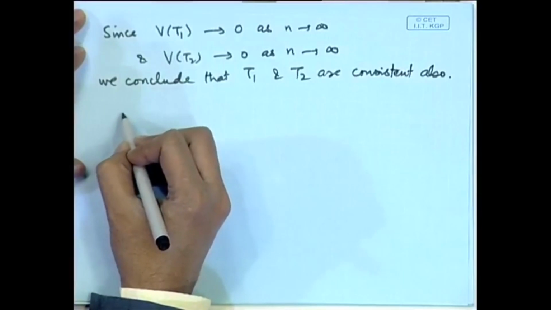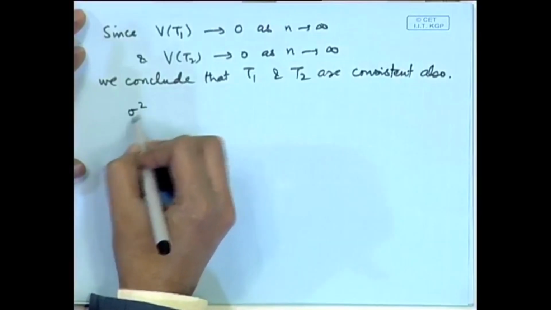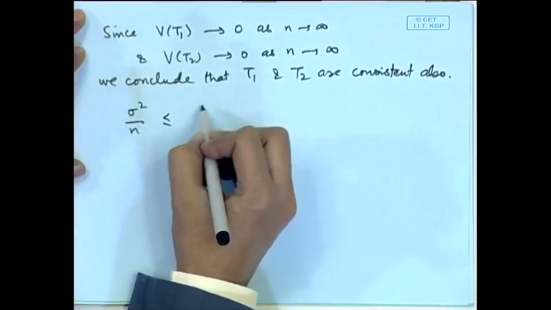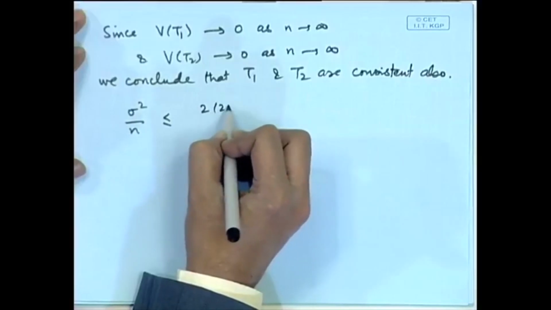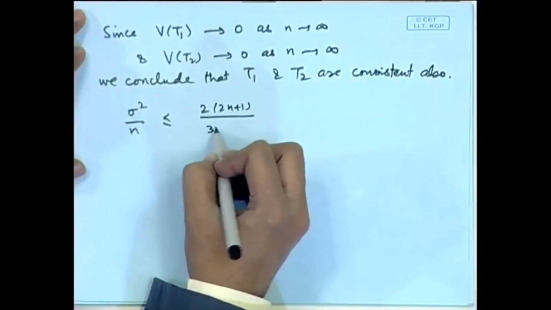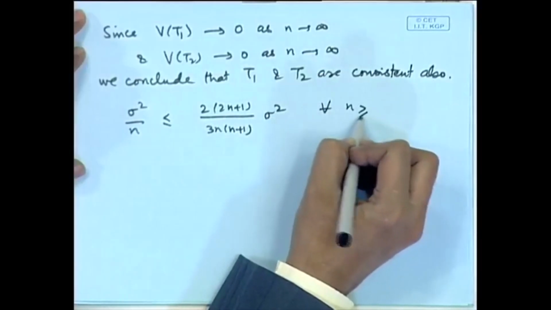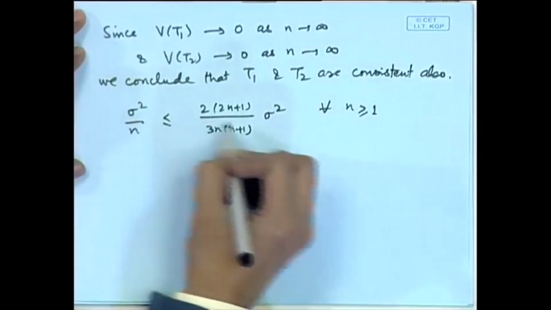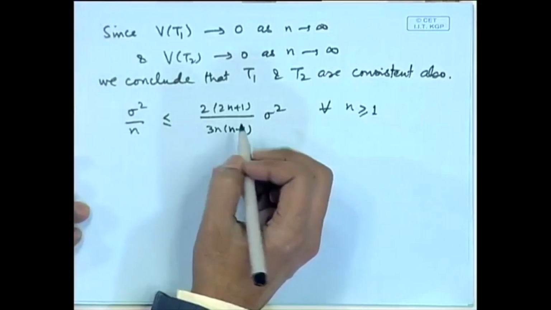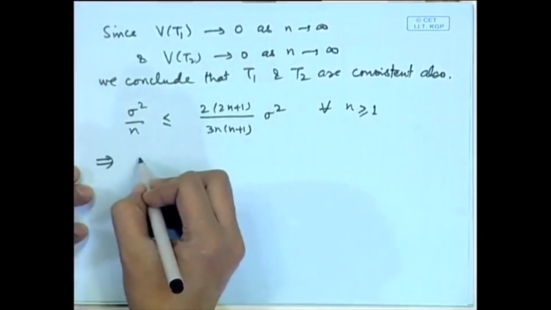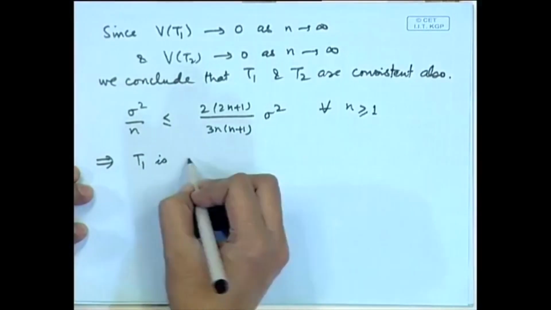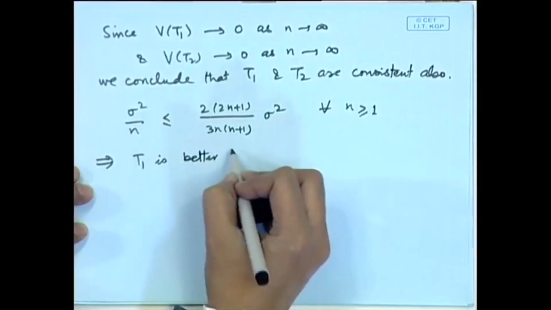So, we compare the variances. You can see easily that sigma square by n is less than or equal to 2 into (2n plus 1) by 3n into (n plus 1) sigma square for all n greater than or equal to 1. Actually, for n equal to 1 the two sides will be equal. So, this implies that T1 is better than T2.